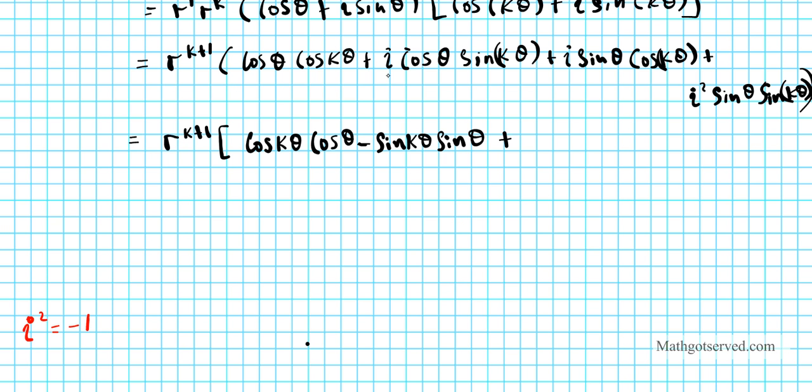Plus, now I can factor out this i from these two middle terms. Factor out the i, and I'll be left with sine k theta, cosine theta, plus, reorder this also, cosine k theta, sine theta. Let me redo my regrouping because I'm doing multiple nesting here.